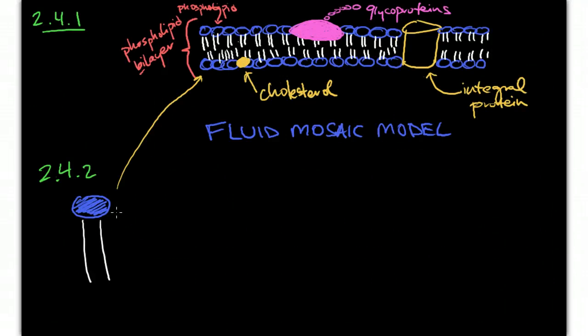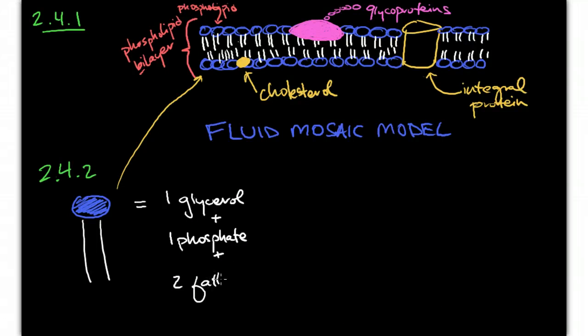Okay, so if we're looking at one of these, if we remember back, what this is equal to is 1 glycerol plus 1 phosphate group plus 2 fatty acids.